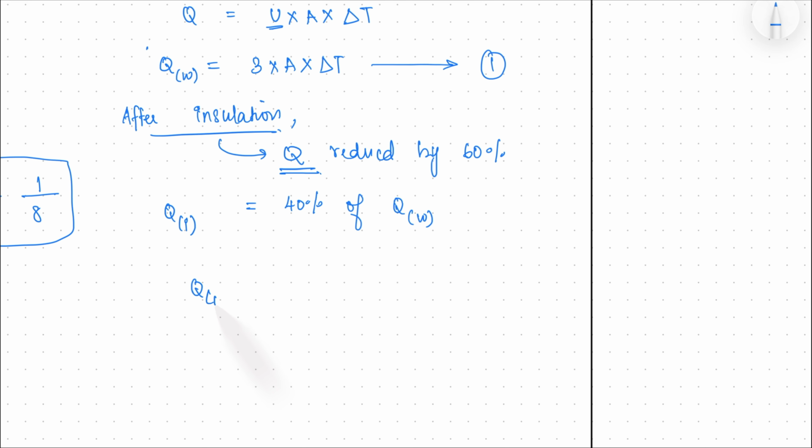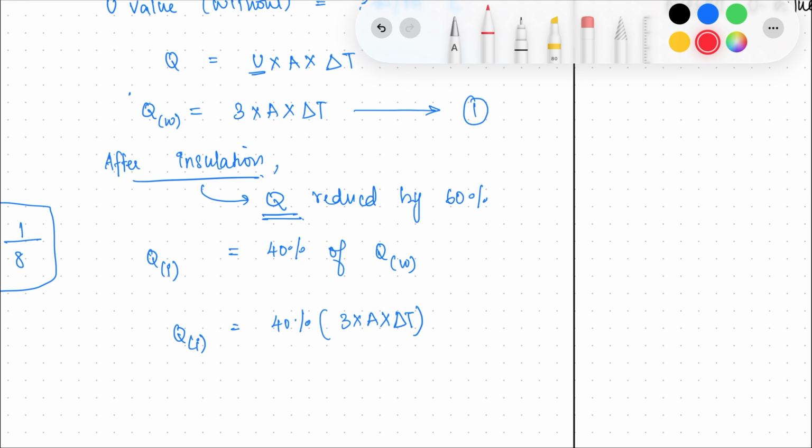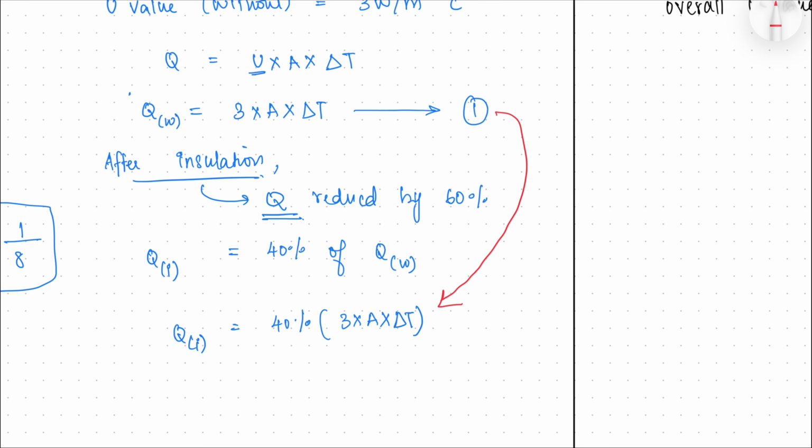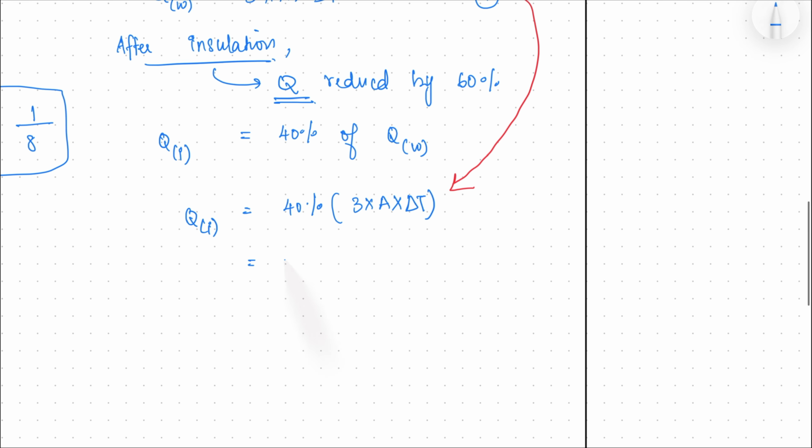So your Qi can be written as 40% of 3 into A into delta T, and 40% you can write as 0.4 into 3 into A into delta T, which is nothing but 1.2 into A into delta T. So this is the insulated case.